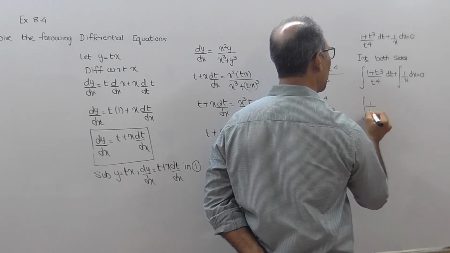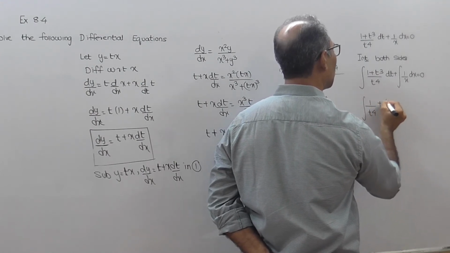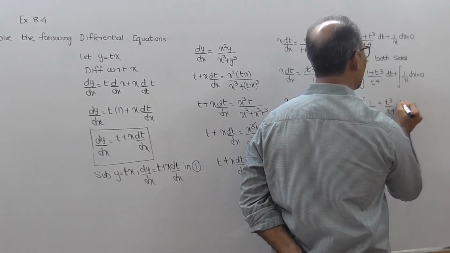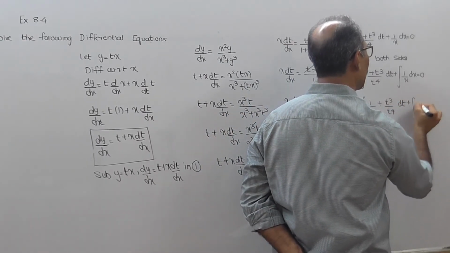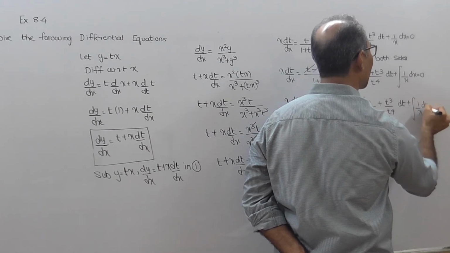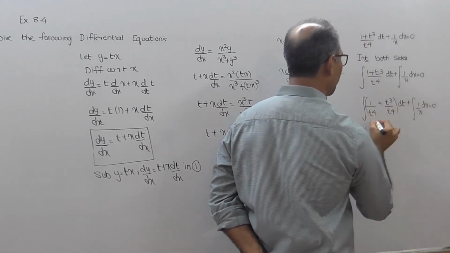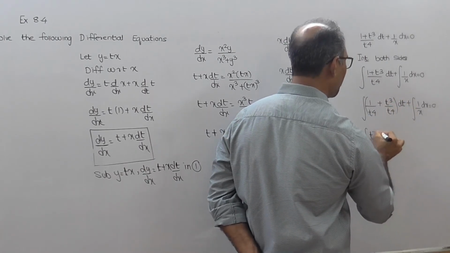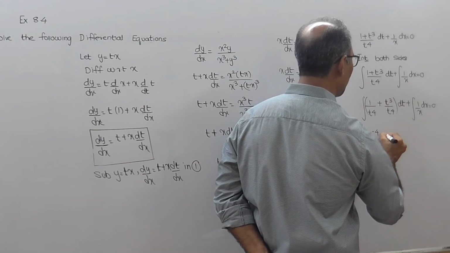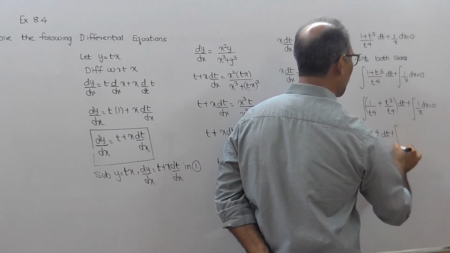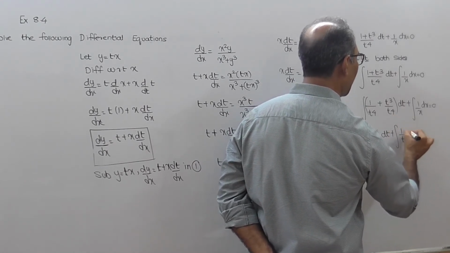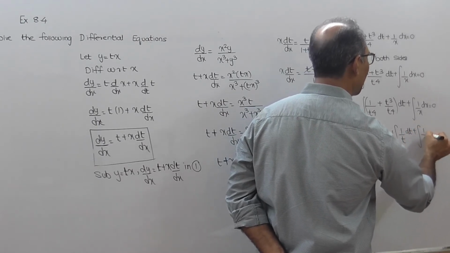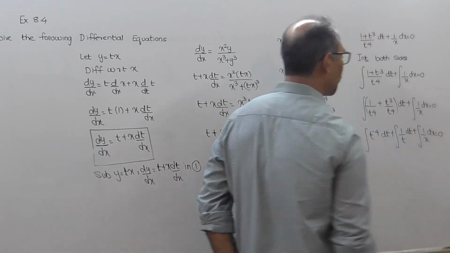So this will be 1 upon t raised to 4 plus t cube upon t raised to 4 dt, plus integration of 1 upon x dx equal to 0. So 1 upon t raised to 4 का तो इंटीग्रेशन नहीं, उसको t raised to minus 4 लिख देना और ये 1 upon t आएगा. 1 upon t का इंटीग्रेशन इज log t plus integration 1 upon x dx equal to 0.